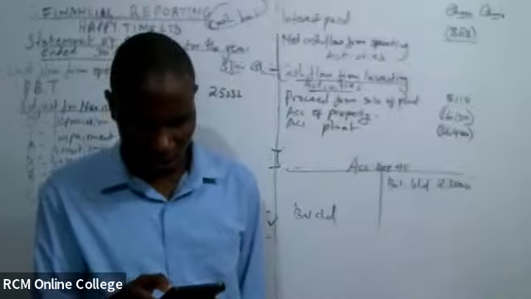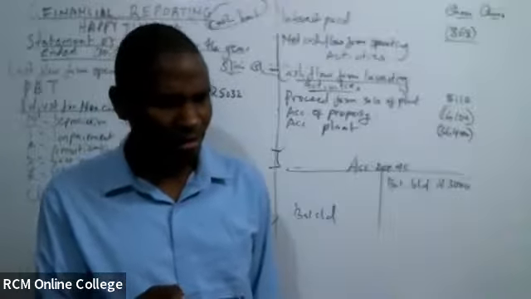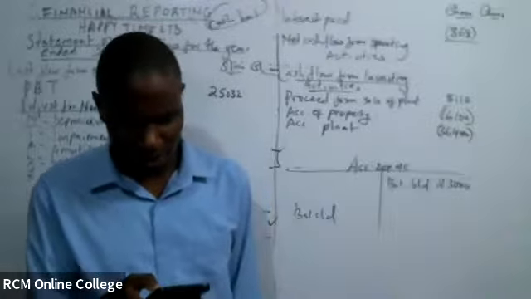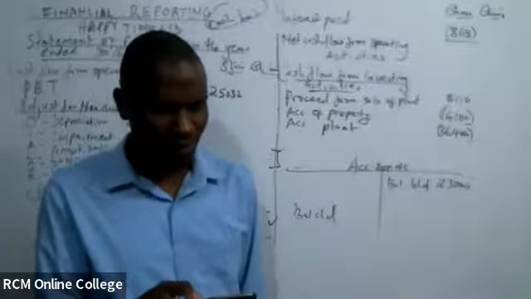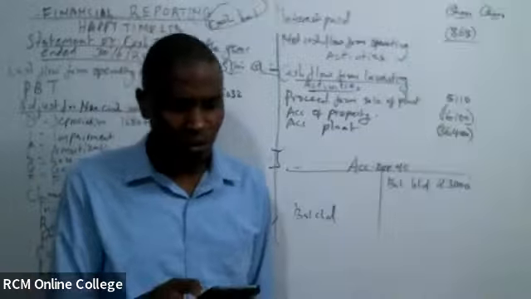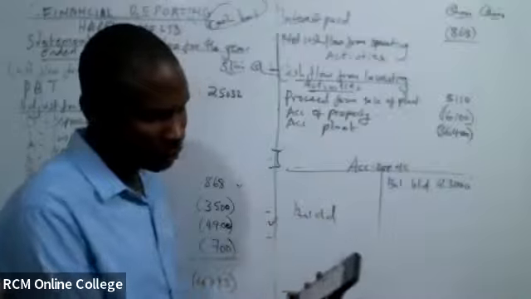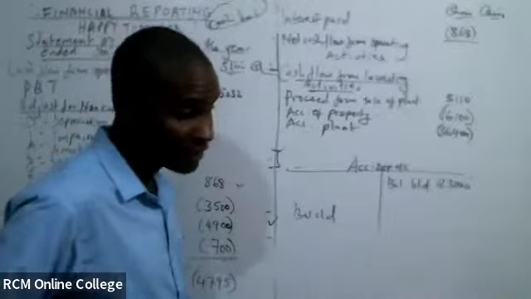Hiyo ni ya total ya zote. So how much is missing? There's something hapo computation yao haikuwa sawa. 800. So hii balance ya whatever ni 800, 23,800.